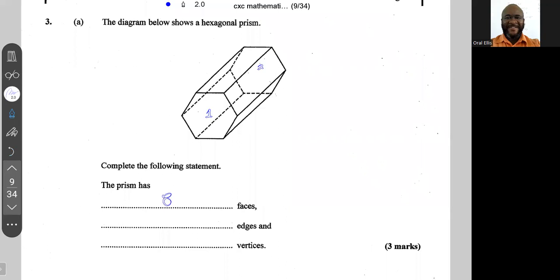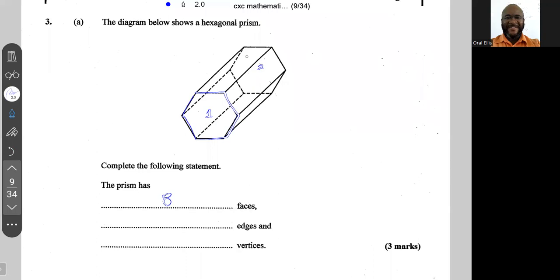All right, next thing, they want the number of edges. Now an edge is where two sides meet. Now the hexagonal prism has 6 edges at this end. Remember, an edge is where two sides meet.